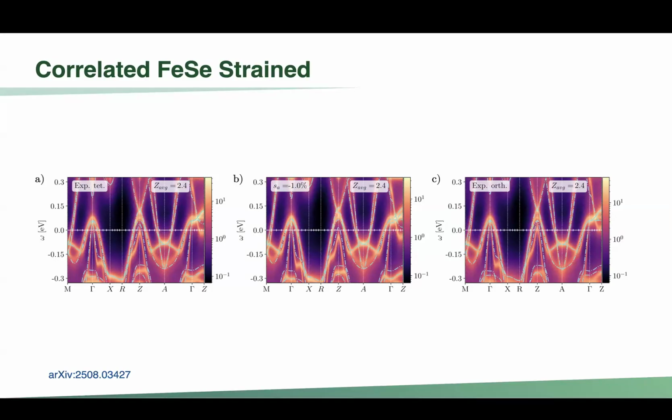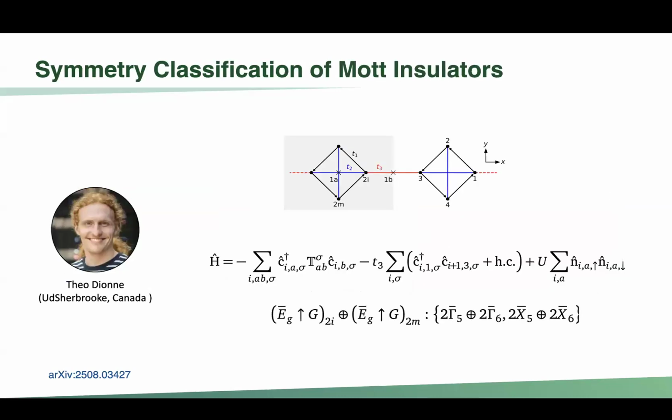In other cases, the broadening of the spectral function is so large that there is nothing we can say, but this is what happens with DMFT. But for example, in this case, in some of the bands, the topology should survive.